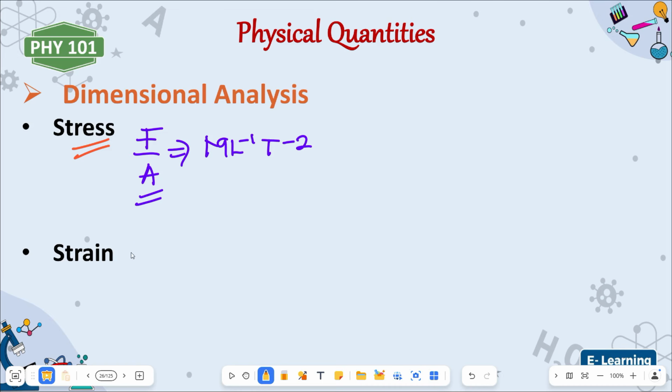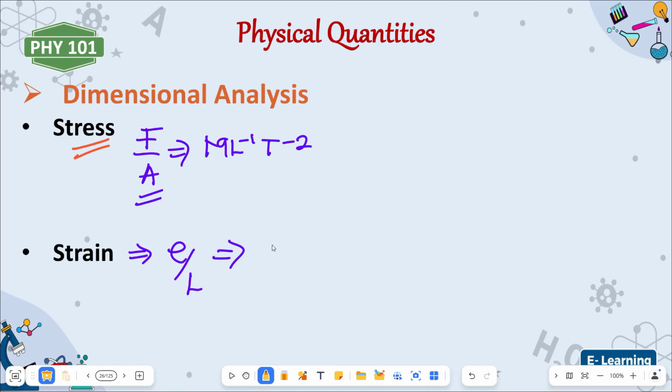Then strain, extension over length. What is extension? Just to increase length. That is what extension is. Is that okay? For instance, the reason why you buy an extension for your wall socket is so that there will be an increase in length, and also an increase in the ports you can actually plug your phone into.